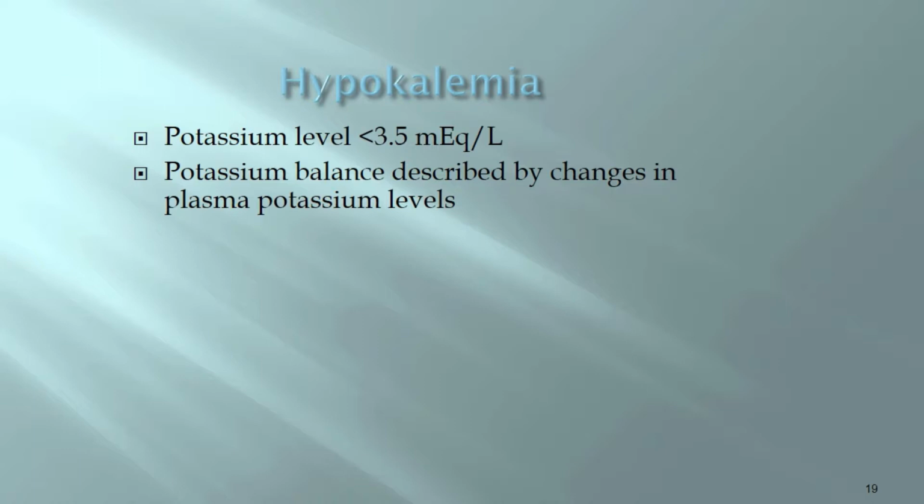So when we're talking about electrolytes, there are two themes you hear over and over again: the loss, and intake, so you don't get enough. And on the other hand, potassium is quite unique because increased potassium entry into the cell can, of course, result in low serum levels. What will happen if we're having a low potassium level?